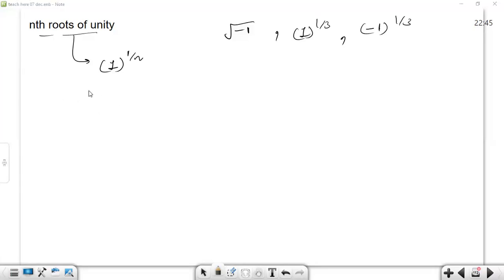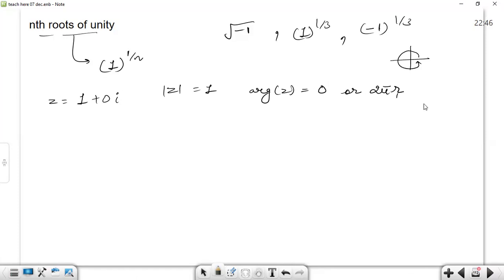For finding that, first we have to find the polar form of the complex number 1. For z equals 1 plus 0 iota, the magnitude is 1. The argument of any purely real number is 0, and we can also write the argument as 2 pi r, where r is an integer.